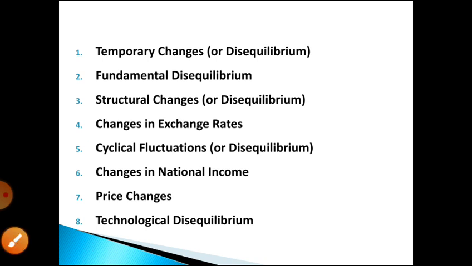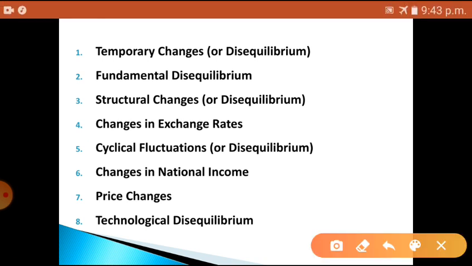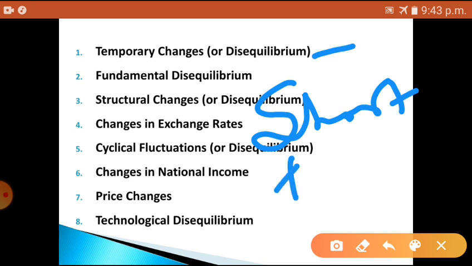The first cause is temporary changes for disequilibrium. This is the first cause. Temporarily, we can say it may be for the short term. Okay, temporary changes, it may be for the short term.